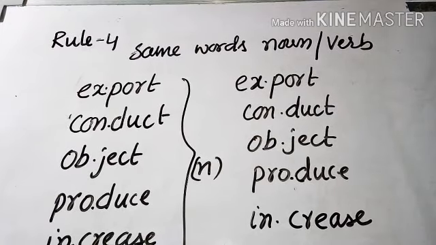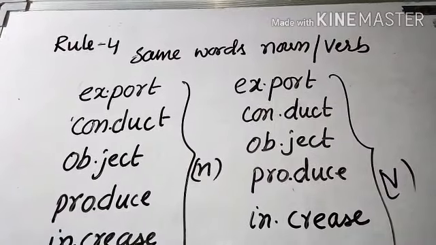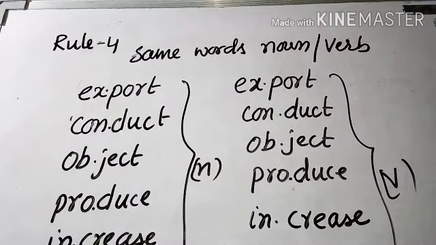Now rule 4. When the same words act both as noun as well as a verb, then the stress changes. These are all the nouns and these are all the verbs. In the nouns we have the first syllable stressed.